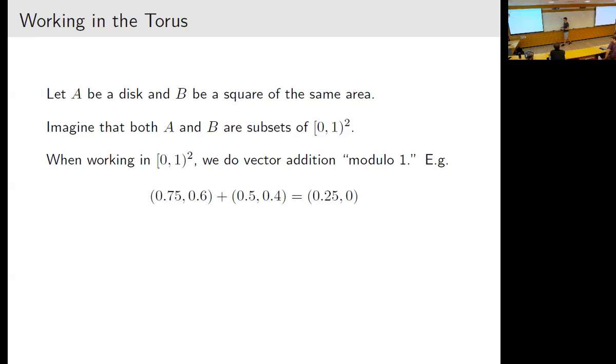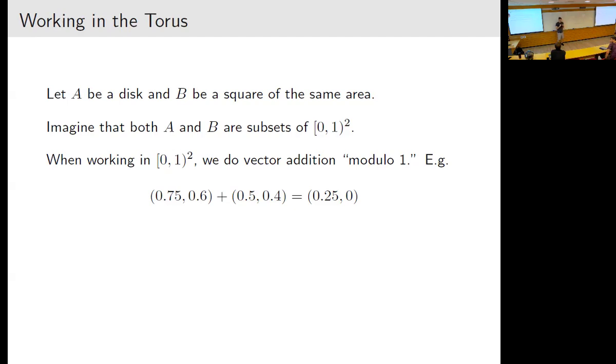So if I add this vector and that vector, it'll shoot out the side, and that corresponds to this point. It's modulo 1. So 0.75, 0.6 plus that equals this.